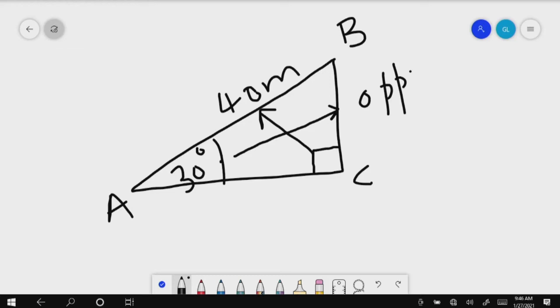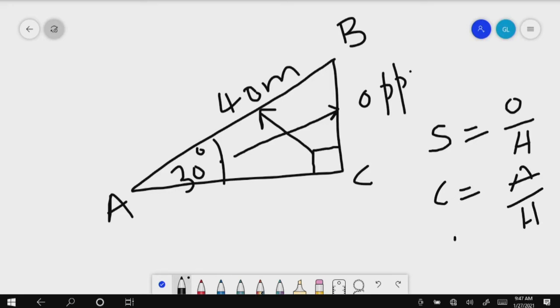Now, they're asking us to find the length of BC in meters. BC, in reference to the right angle triangle and the angle given, is the opposite side. Interpreting the question and writing what we need to solve for the opposite side, the trigonometric ratios we should be using, and why, is because it's referencing a right angle triangle: the sine ratio, opposite upon hypotenuse, the cos ratio, adjacent upon hypotenuse, and the tan ratio, opposite upon adjacent.